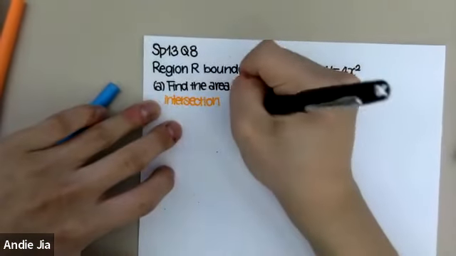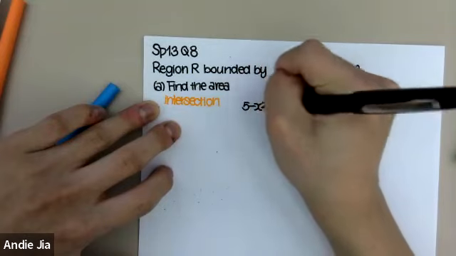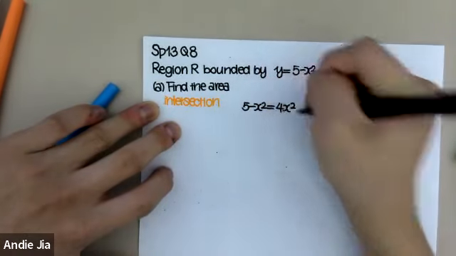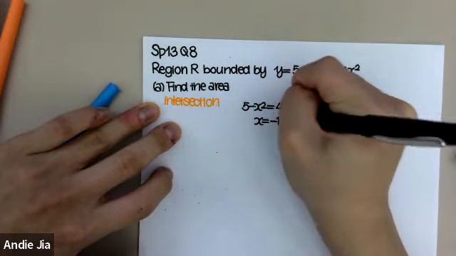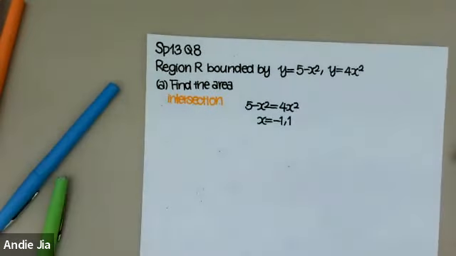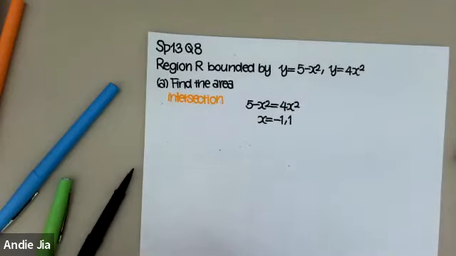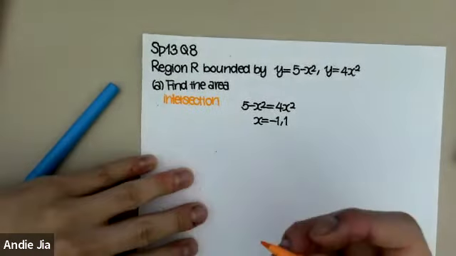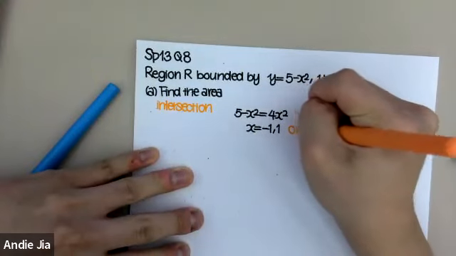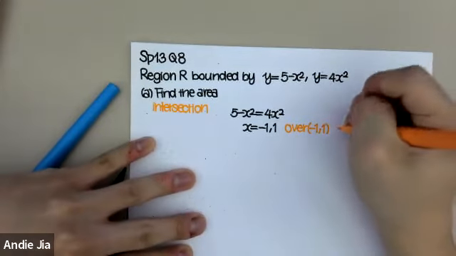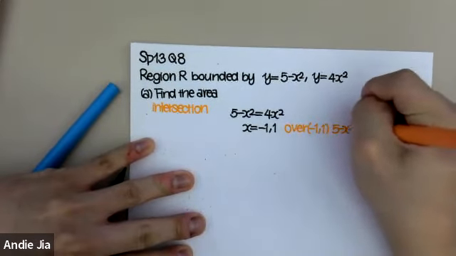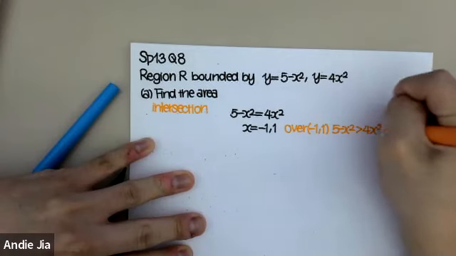We set them equal, we have 5 minus x squared equal to 4x squared. We get x equal to -1, 1. Plugging in x equal to 0, then 5 minus x squared is on the top. Over -1 to 1, 5 minus x squared is greater than 4x squared.